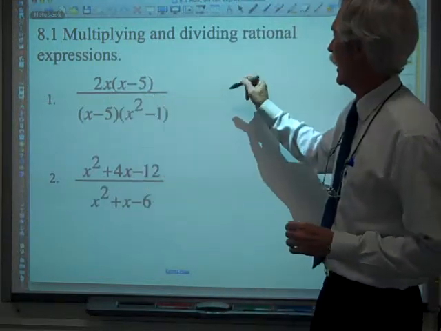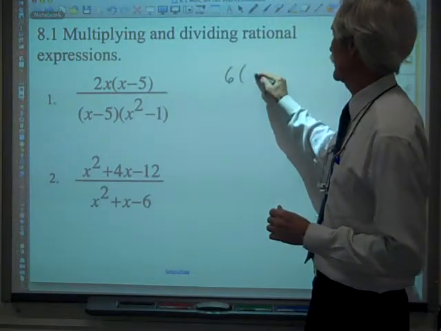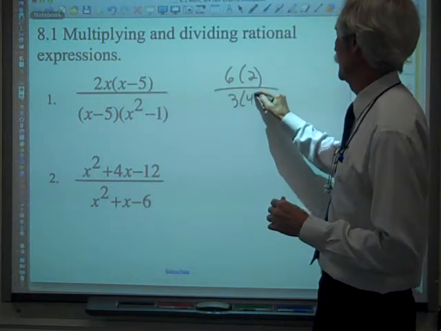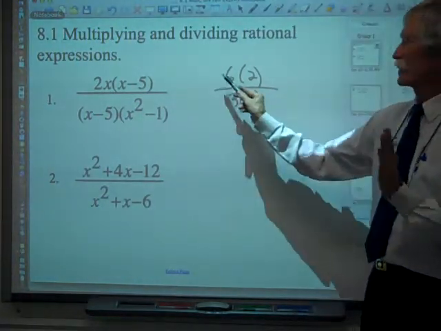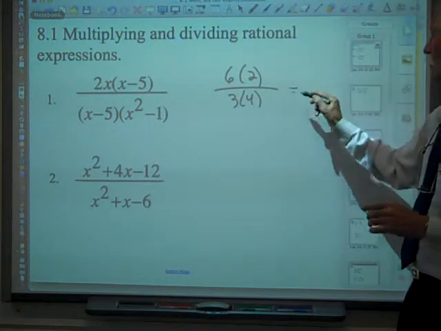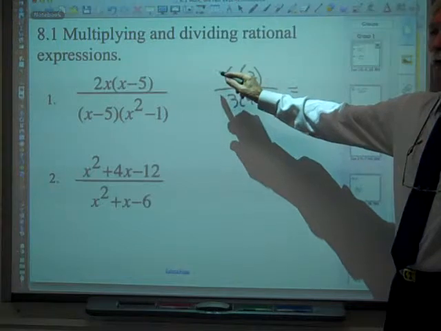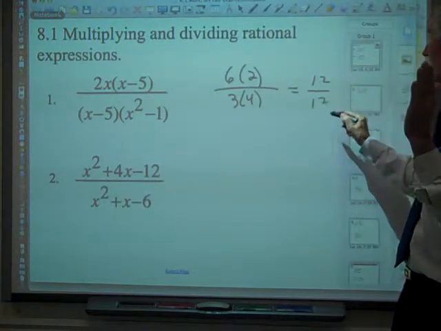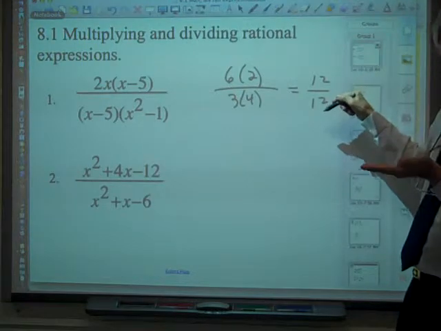We know that if you have something like 6 times 2 over 3 times 4, if it's all just multiply, multiply, multiply, we know the order of operations would be let's get the numerator and let's get the denominator and reduce that as 1.